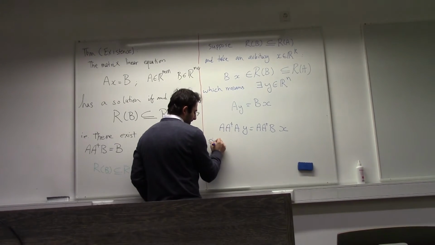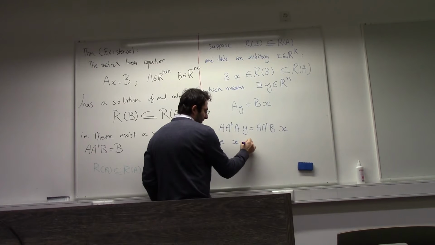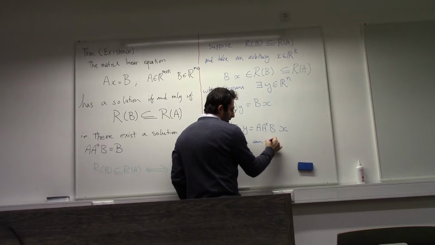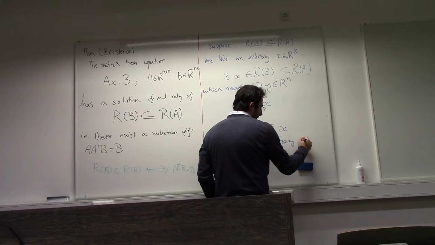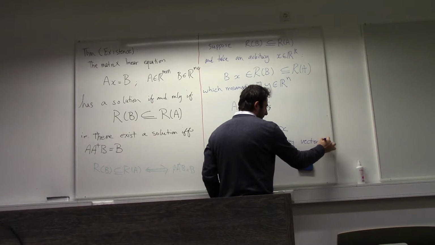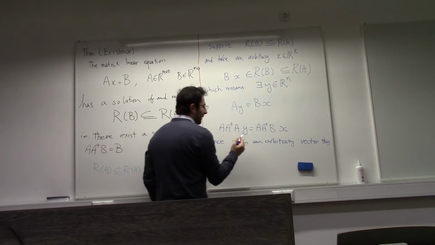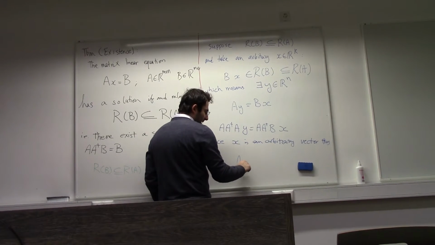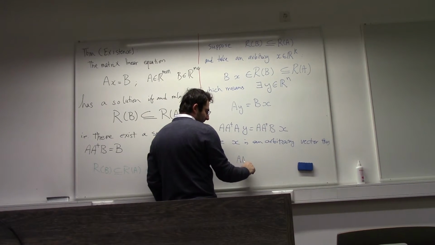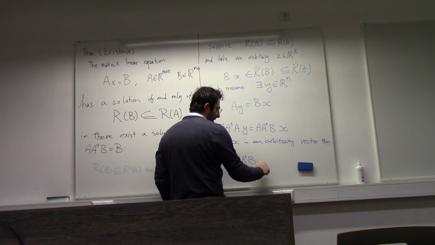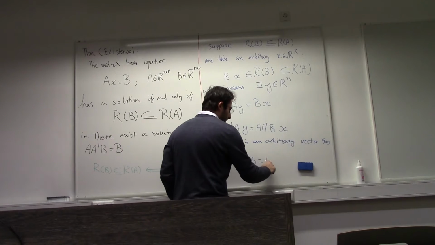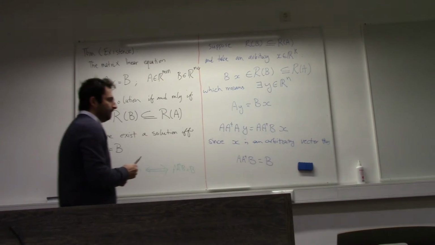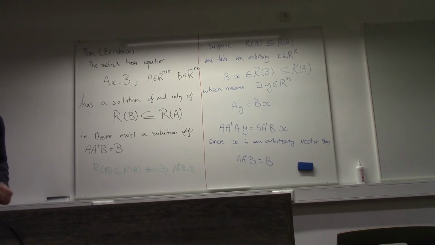And since x is an arbitrary vector, we understand that A A^+ B should be equal to B. Why?